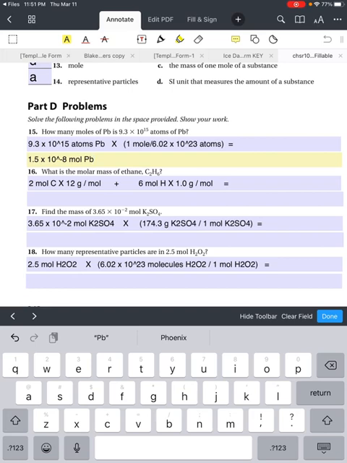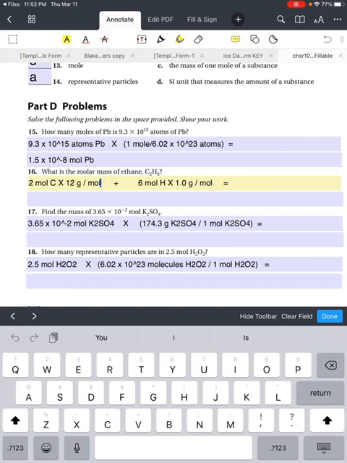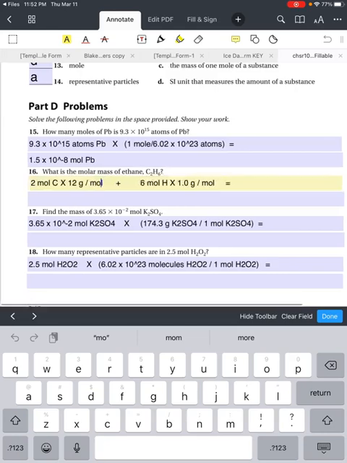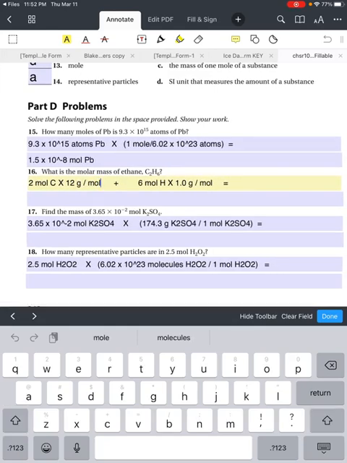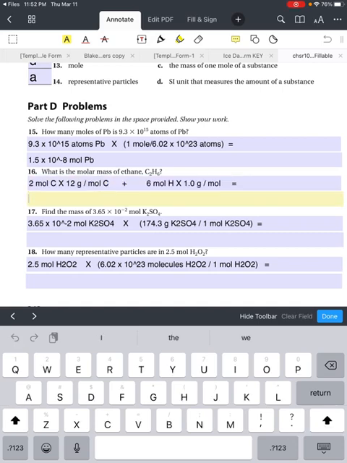That's what I wrote. 2 moles of carbon times 12 grams per mole of carbon. Moles of carbon, to be totally precise. But that would give me 24 grams.